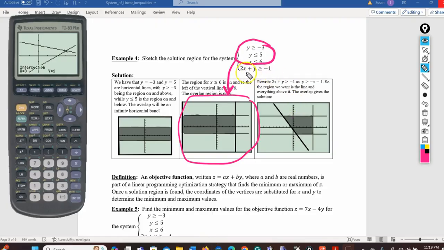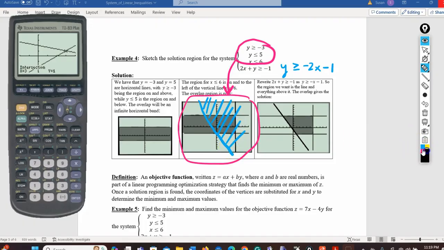And now the only thing I have to do is to incorporate this line into it. So what is this line? Well, if I subtract 2x from both sides, that does not change the arrow. So I'm going to have that line. I want everything on that line, which was something that looked like that, and above.